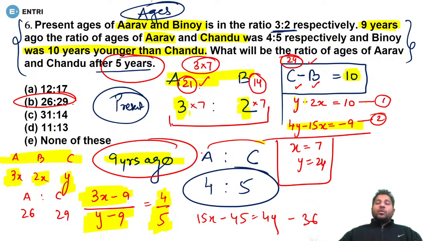After getting two equations in terms of x and y, we can find the values of x and y, and then easily find the ages of Arav, Binoy and Chandu. Then we add 5 years to Arav and Chandu and make it a ratio, and we get the final answer as 26 to 29.